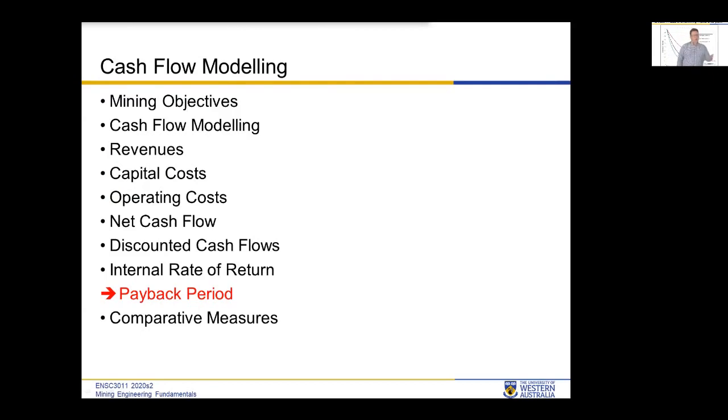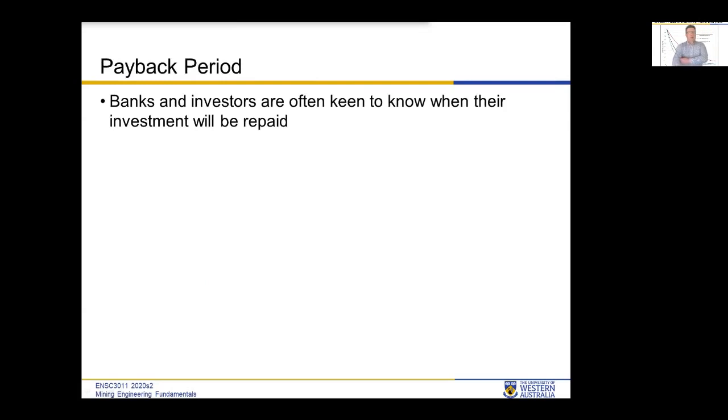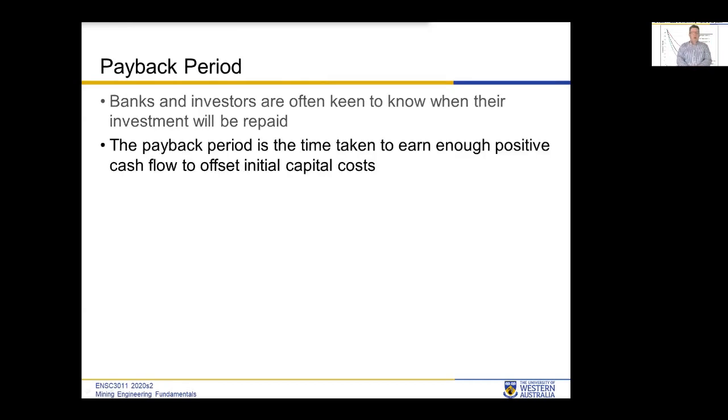One other useful parameter is something called payback period. This is pretty simple, and it's to do with you borrowing money from the bank or anybody. They'll generally want it back as soon as they can. Payback period is basically when the cumulative net present value becomes positive. So you've actually got cash, you've got a positive cash flow, and you've got cash in the bank.